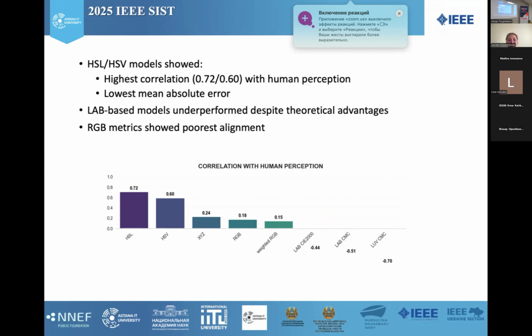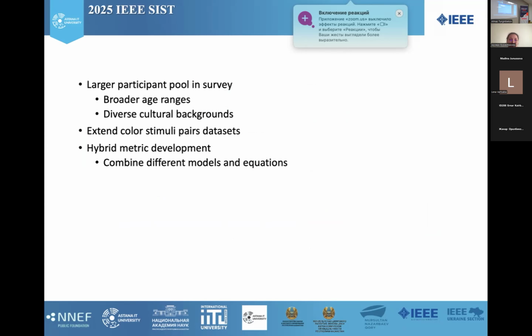CIELAB underperformed despite the theoretical advantages, and RGB and others showed the weakest alignment.